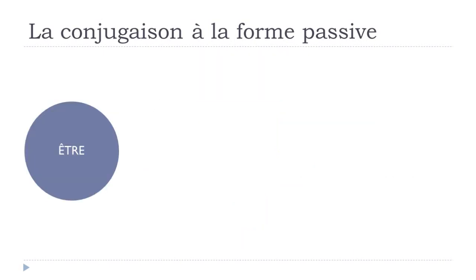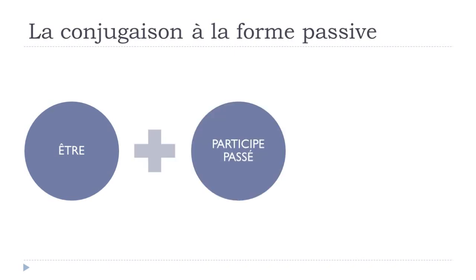So remember that if you want to construct this forme passive, then the first thing will be être, and this verb être will be changed according to whether it's présent, futur, passé composé, etc. And then after that you will put the participe passé form, okay, to get your passive form, all right?